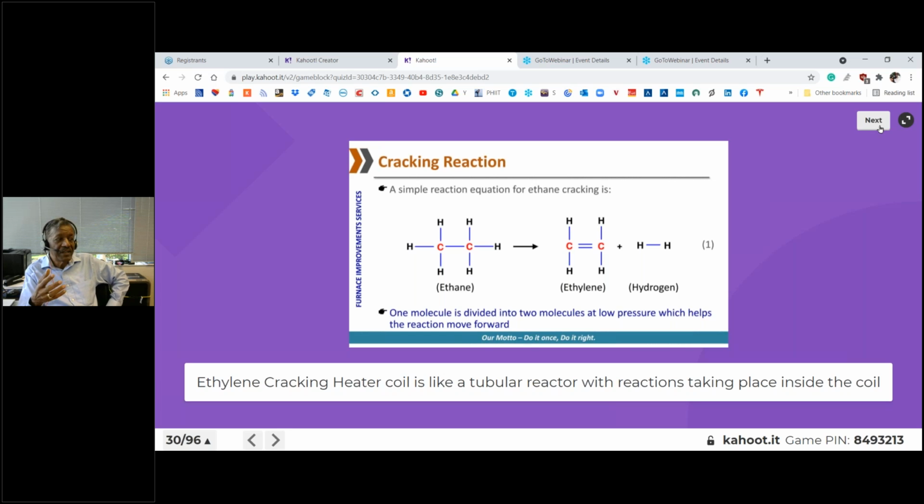So that is a very simple reaction which can be happening. But what we really find is it is a lot more complicated, and there are lots of reactions happening. So the cracking heater coil is acting like a tubular reactor with reactions taking place inside the coil.